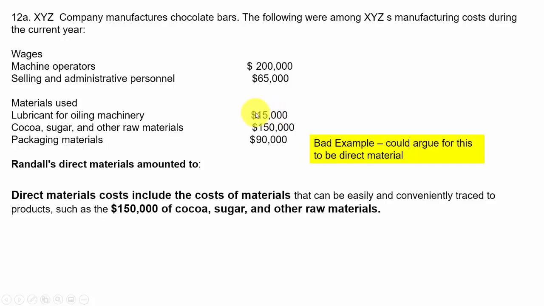That's something you need as an indirect material going on inside the factory to keep the machines running so you can make the product. So that's the answer they want for this problem, and you can use the same methodology, same thinking. $150,000 is what the total direct materials are. And that's the end of this review.